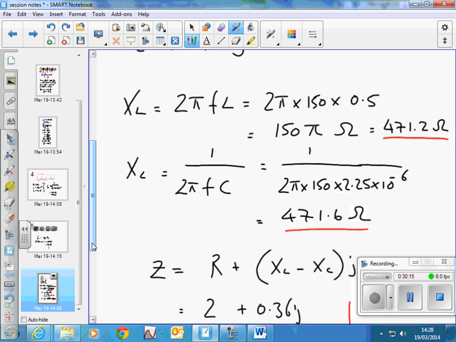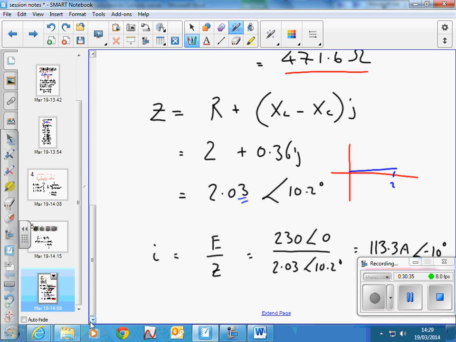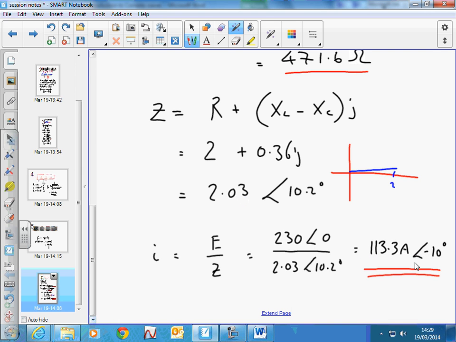So they're virtually cancelling each other out. So the total impedance is going to be near enough to R, because that's the resistance of the circuit, and so that's 2.03 ohms. There's a slight reactive effect, and there's a slight phase angle, 10 degrees. So what's the current? It's 230 divided by 2, which gives us 113.3 amps.